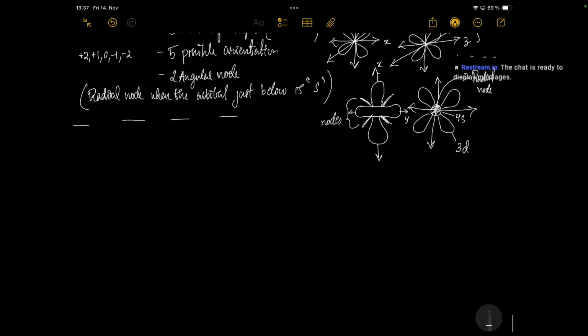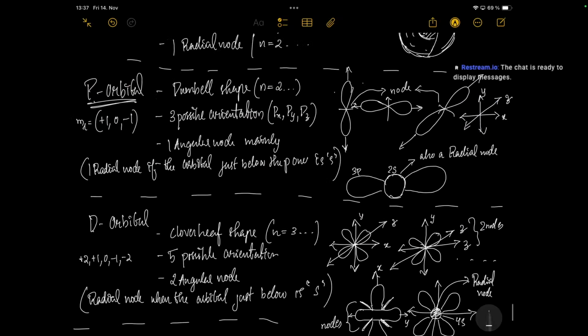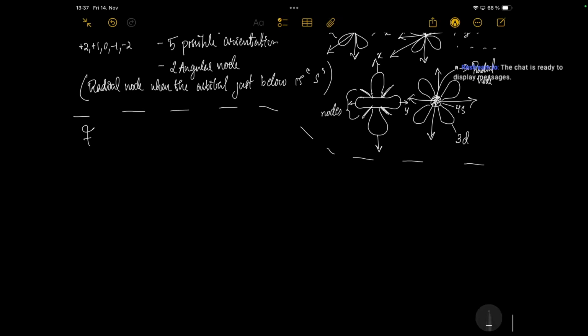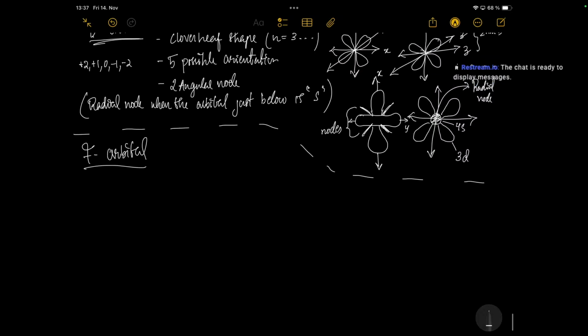Now the last one, the f orbital. What was the shape of the f orbital?